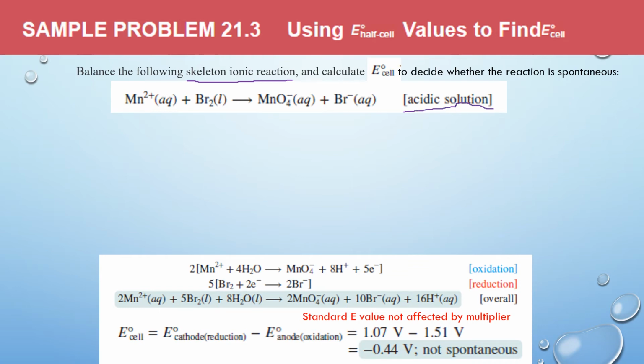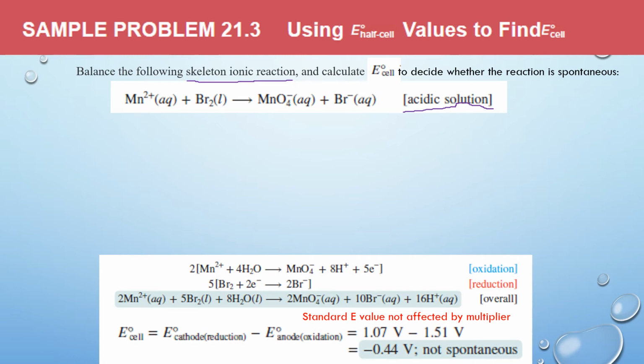First we want to balance this redox reaction and then determine whether it's spontaneous or not. The textbook gave you the balanced overall reaction, but I want to go over how to get this again.